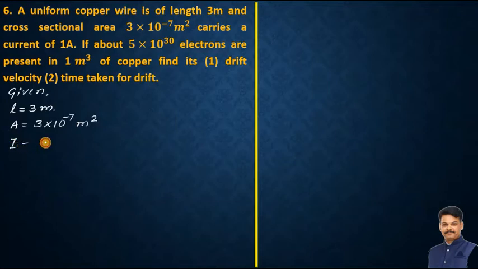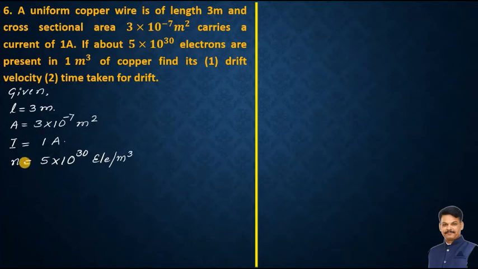So I consider I as 1 ampere, and number of electrons per meter cube, that is electron density, which we learned in the theoretical study is represented by N, and it is 5 into 10 raised to 30 electrons per meter cube of the conductor.